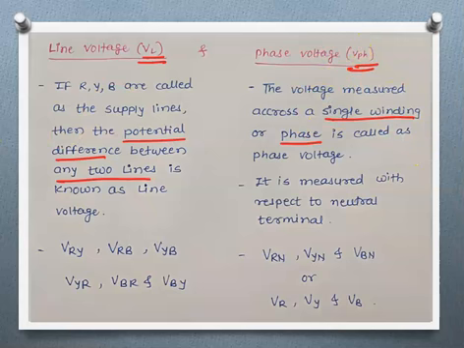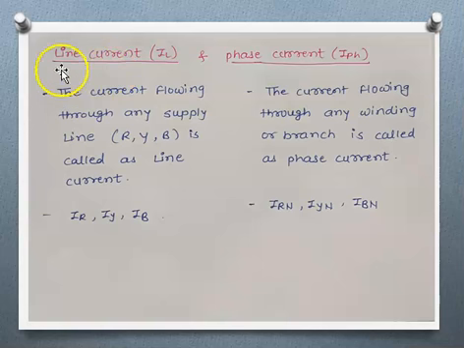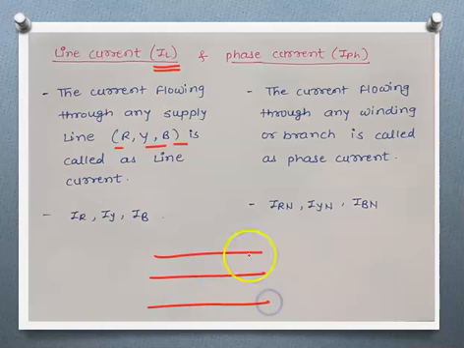Similarly, we have two types of currents: one is called line current and one is called phase current. The line current is denoted by capital I suffix L, and it is the current flowing through any supply line R, Y, B. We have these supply lines R, Y, B, with the generator side and the consumer side.